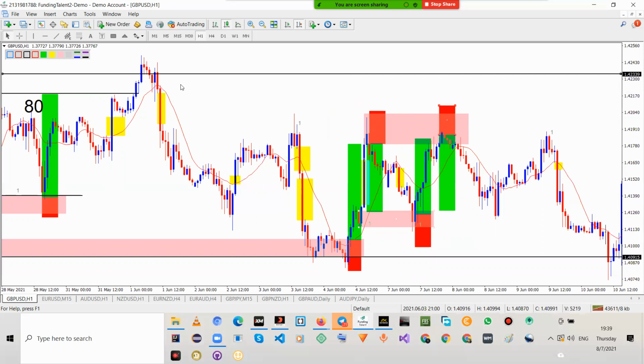Why? Since we have another fair value gap here. Guys, these things have to resonate within you. It has to get into you, so that you really understand what is going on.